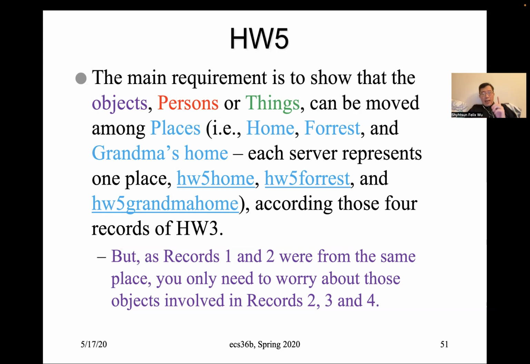I use the terms HW5 client, HW5 server, and HW5 another. HW5 home corresponds to HW5 client, HW5 forest corresponds to HW5 server, while HW5 grandma home corresponds to HW5 another. That's essentially what we'd like you to do for homework assignment number 5.